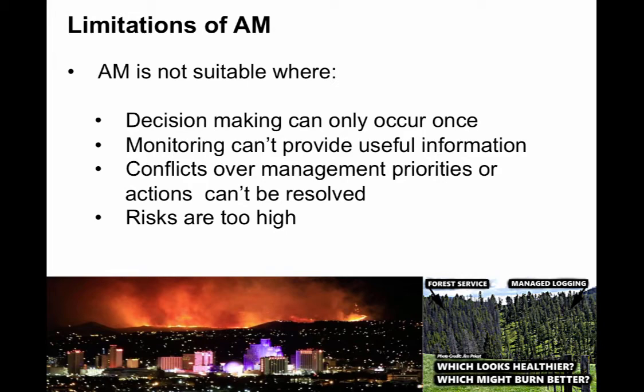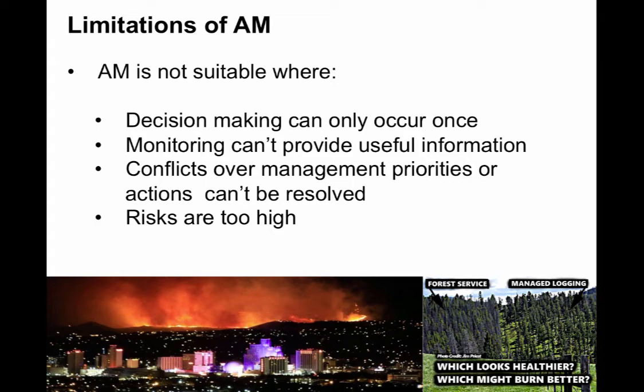So there may be instances where an adaptive management approach, where we can't actually go in there and experiment with different types of activities and different types of treatments, is not going to be allowable. And from that instance, there may not be a real reason to focus on implementing an adaptive management approach as part of our restoration plan.